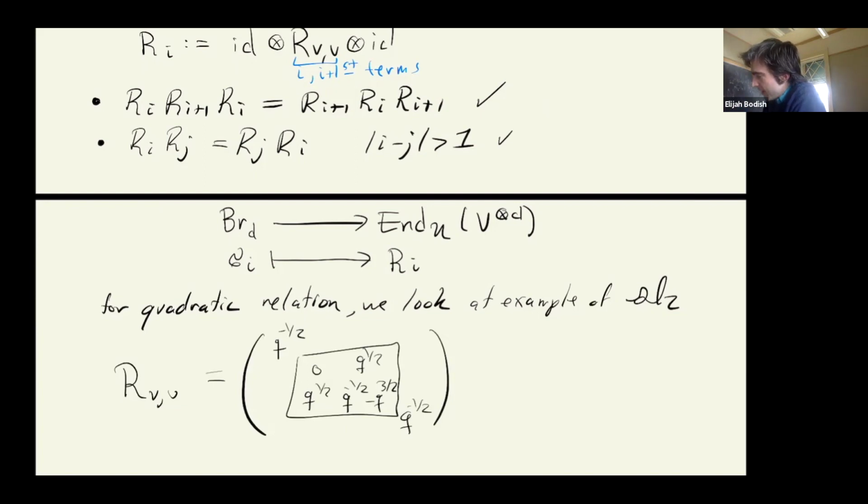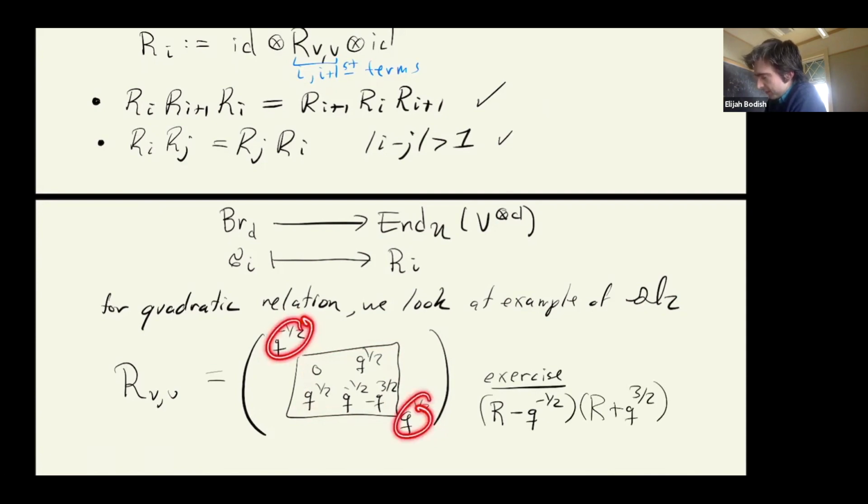And so it's just a simple exercise to check that if I did R minus q^(-1/2), with this matrix, I would get rid of these terms and then have some different terms on my 2x2 block. And if I take that and multiply it by R plus q^(3/2), adding q^(3/2), I would no longer have zeros here, but I had zeros on the other matrix.